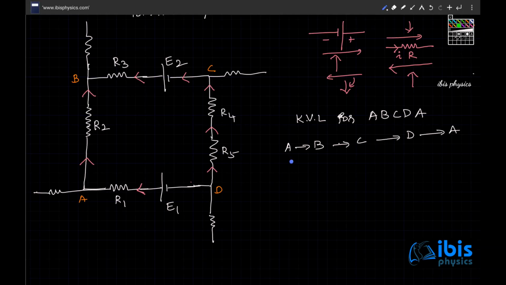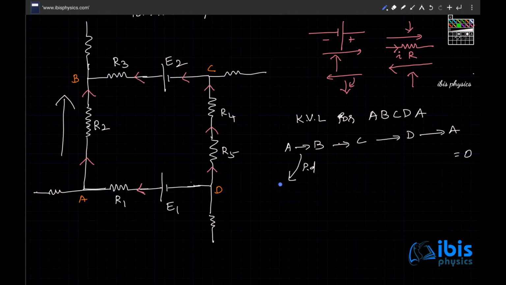Okay. According to Kirchhoff's voltage law, if you start from one junction and come back to the same point, the potential difference is 0. So the end result is going to be 0. Whenever you go from A to B, you are going in this direction, and the current is also going in the same direction, so potential drops. Compared to A, B's potential is less, hence when you move from A to B there is a potential drop.